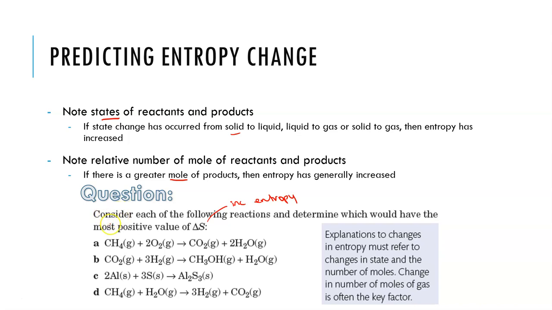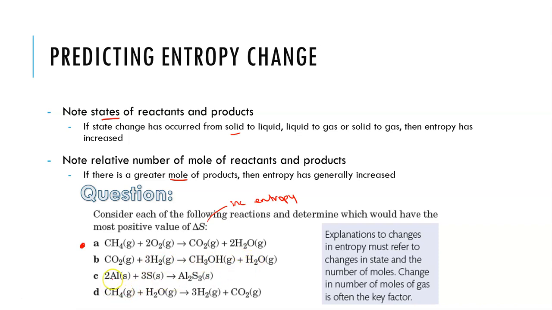So if you have a look at this one, we have letter A here. We have methane gas plus oxygen gas in a combustion reaction going to CO2 and H2O. Our second example is CO2 plus hydrogen forming methanol and H2O.